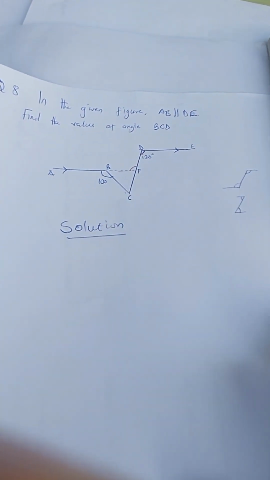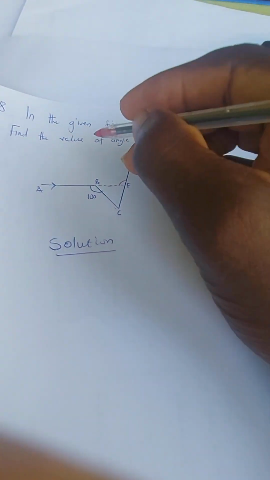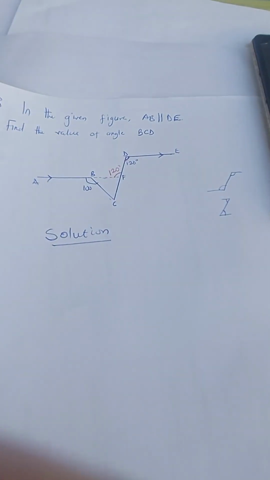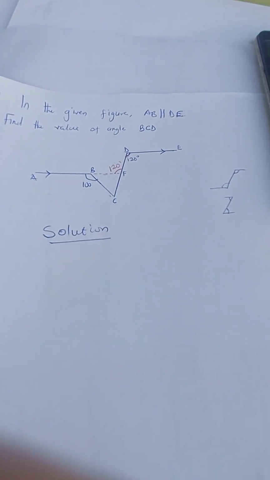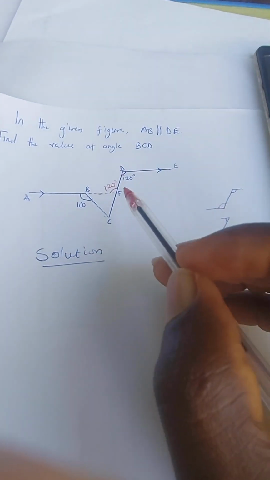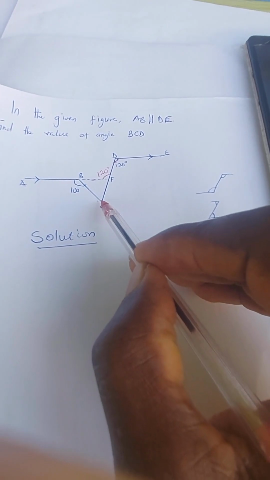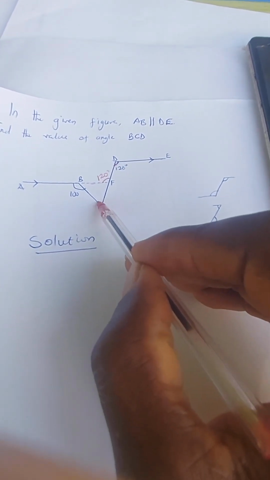That's for alternating angles. So that implies that the angle here is 120 degrees. We need to find the interior angles of triangle BFC. That will enable us to find the value of angle C.